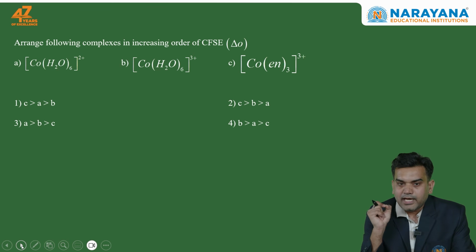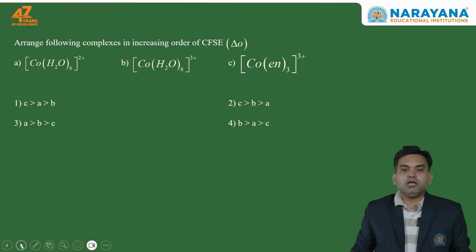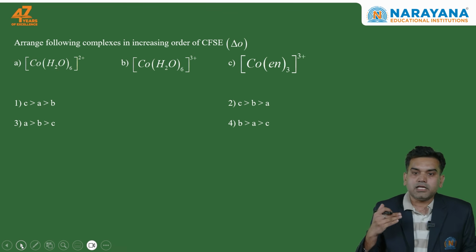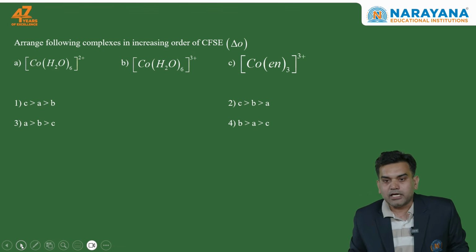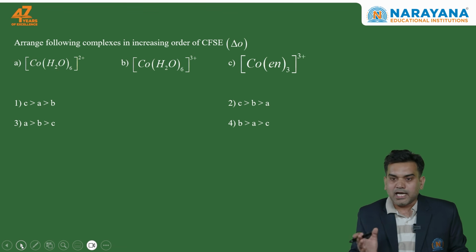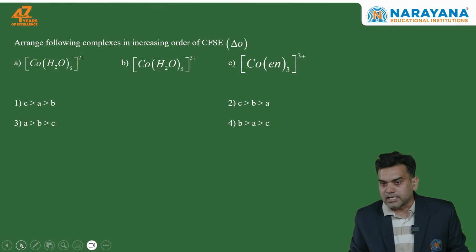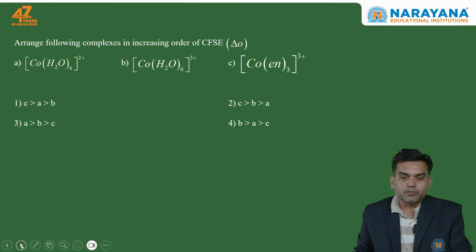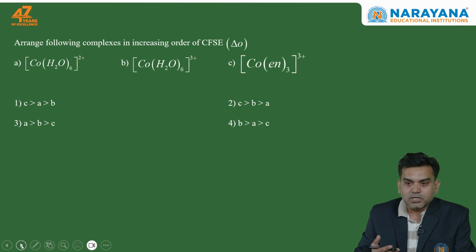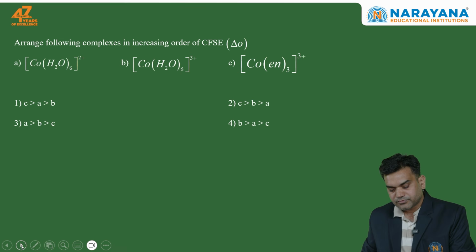In option A, they have given cobalt with water in +2 oxidation state. In option B, cobalt with water as a ligand and in +3 oxidation state. And in option C, cobalt with ethylene diamine as the ligand, three of them making coordination number equal to 6, in +3 oxidation state.